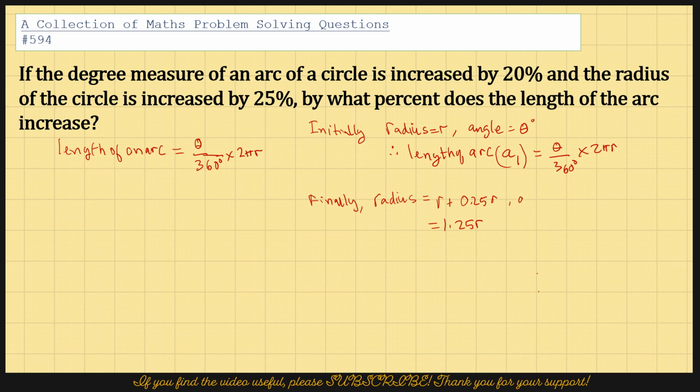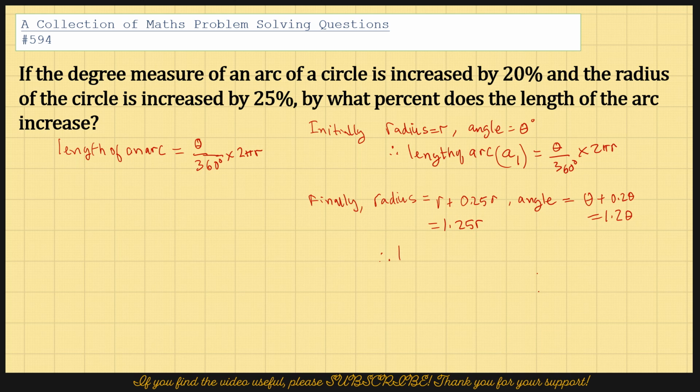And angle would equal theta plus, the degree measure is increased by 20%, so 0.2 theta, and that is 1.2 theta.